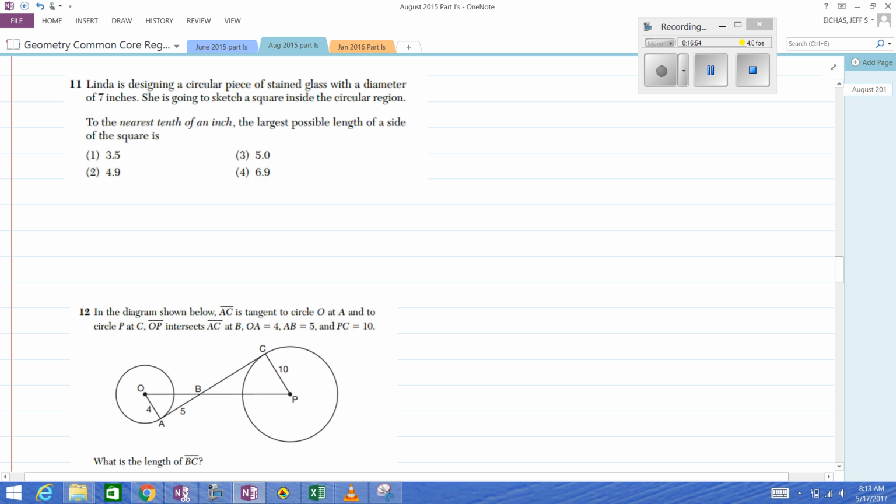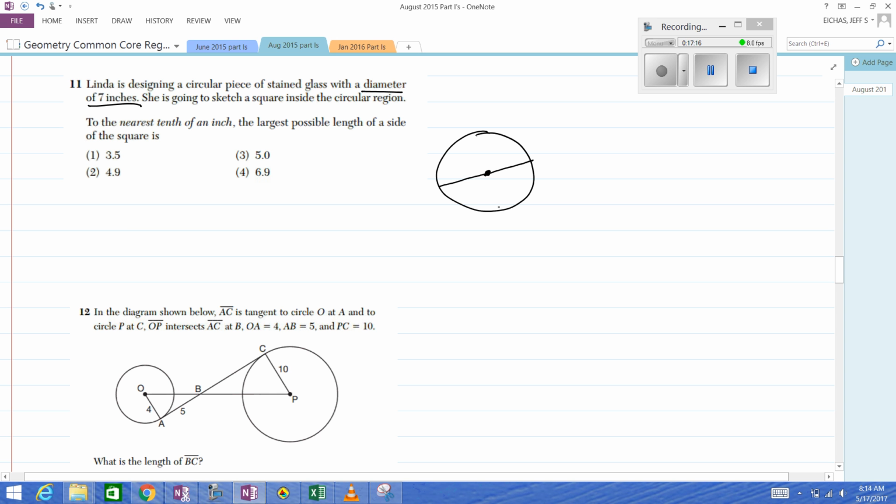All right, let's see, circular, okay. Diameter of 7, a square inside this. If I had my compass tool, I could show you this, but this technology won't let me do it, so I'm just going to estimate here.